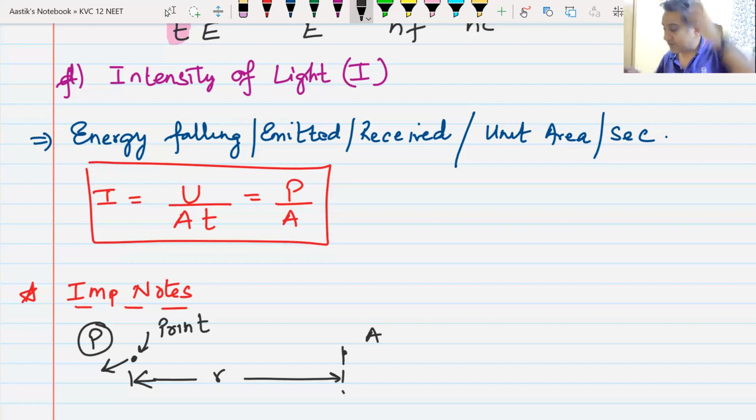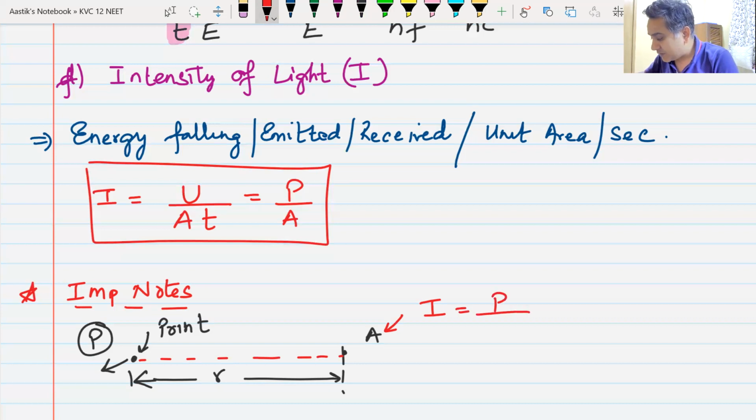Then sometimes they ask you what is the intensity received at point A at a distance of R from this point source. Remember, this point source will emit radiations in all possible directions. It emits spherical wavefronts. I have already told you. So the intensity at this point will be P divided by 4 pi R square.